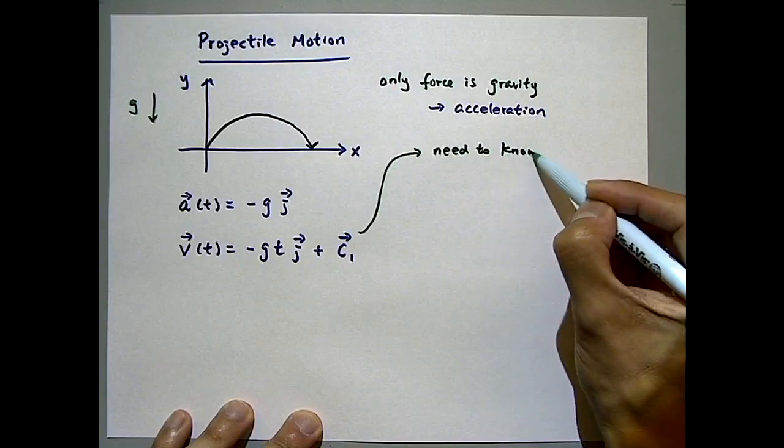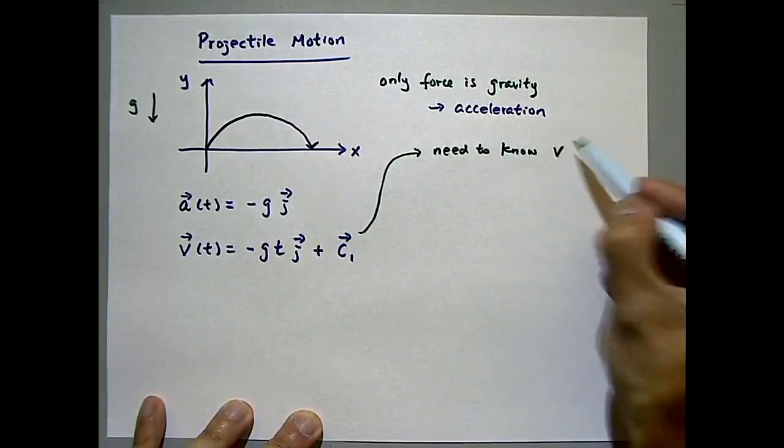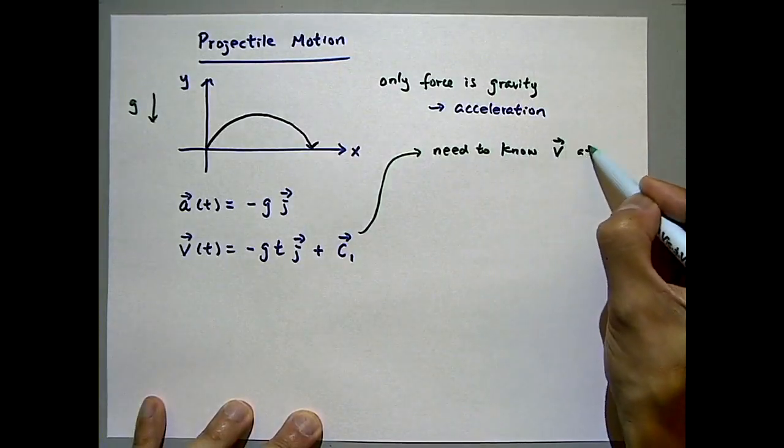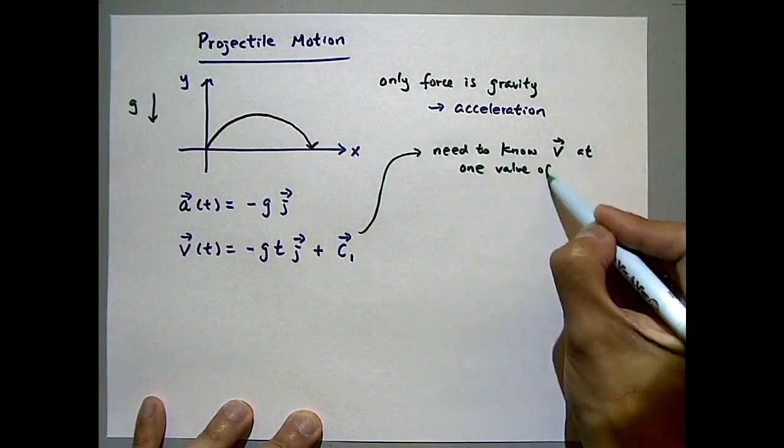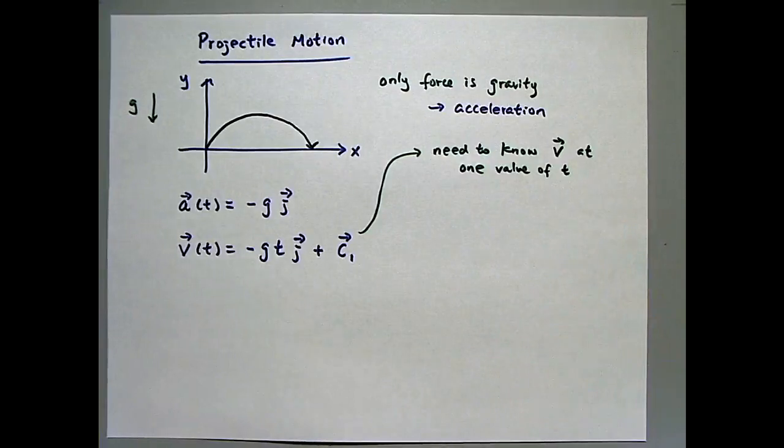To find c1, we need to know v at one value of t. That's like I told you earlier, equivalent to you seeing the ball at least once for your brain to pick up that constant vector.